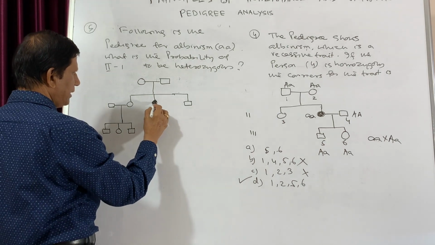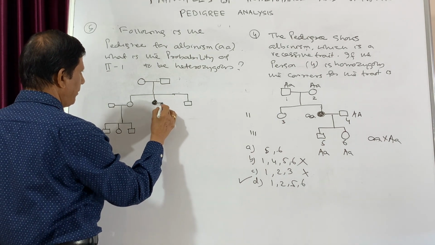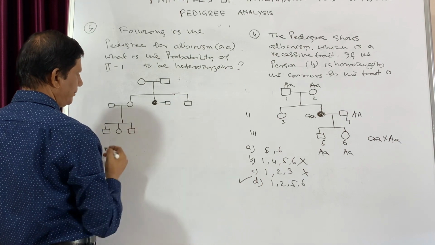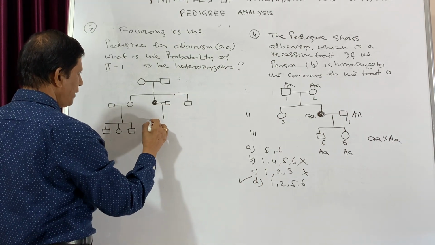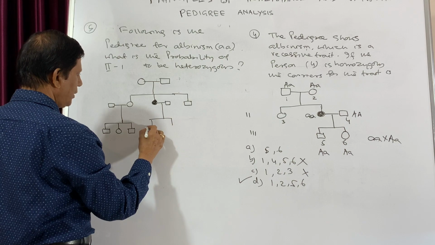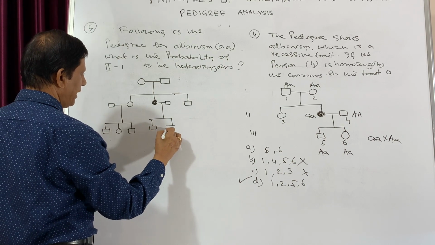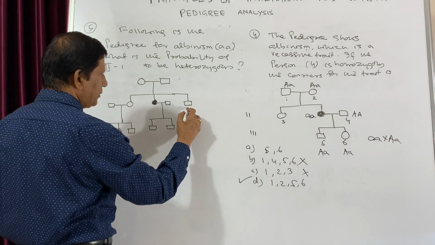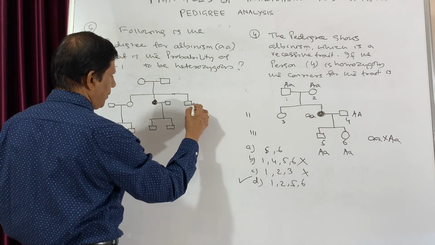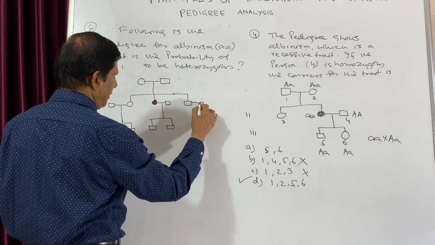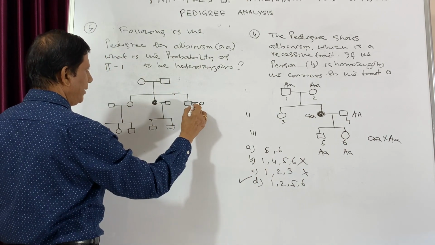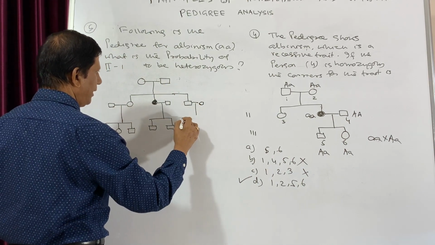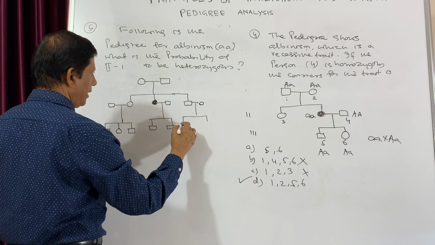Now when this female marries another male, she gives rise to 2 sons, but they are not affected. And when this one marries another unaffected female, they again have 3 children.